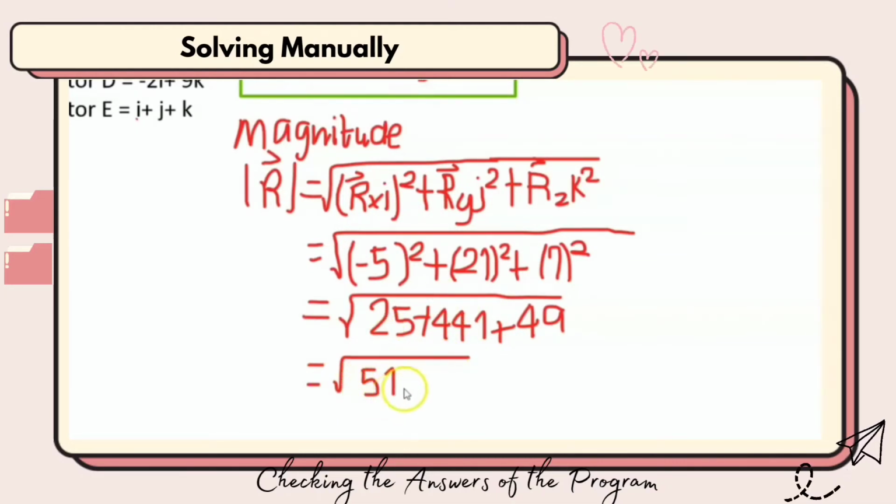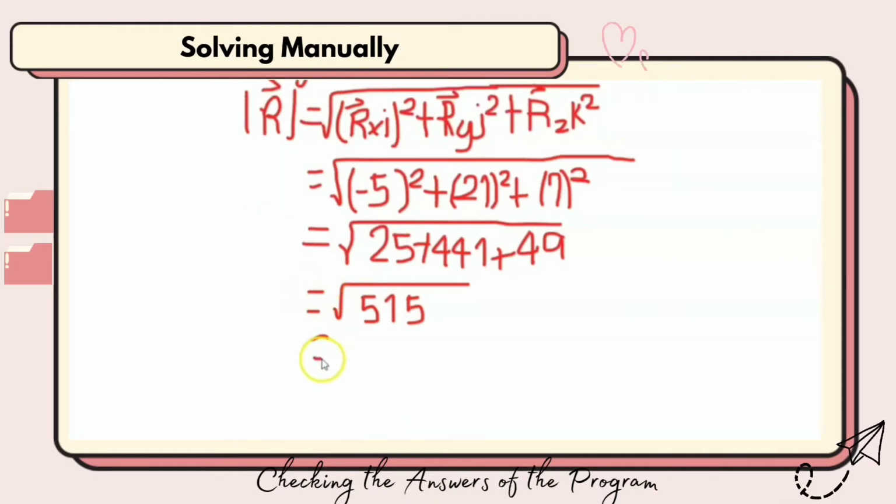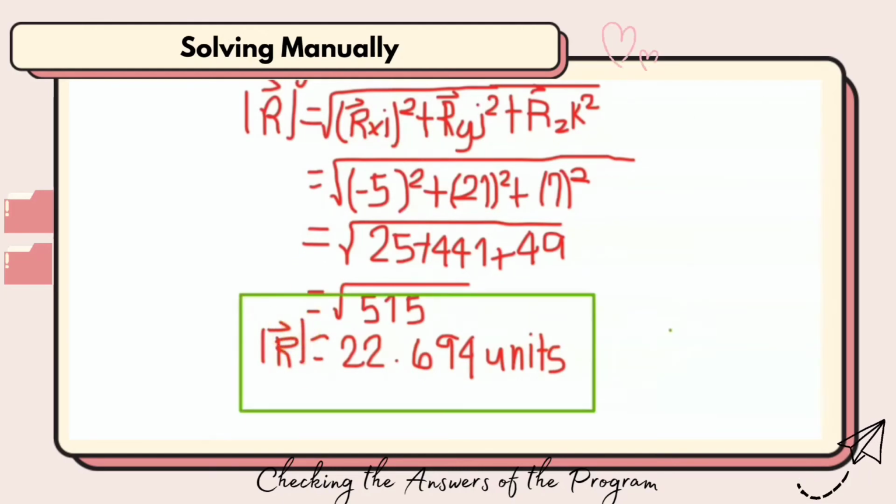Now let's add all of those inside the square root. It will be equal to 515. Then the square root will be equal to 22.694. And that will be our magnitude.